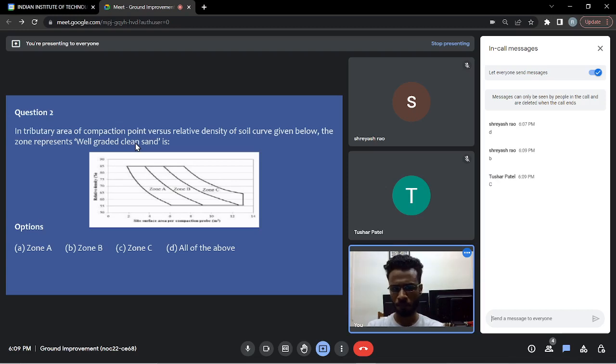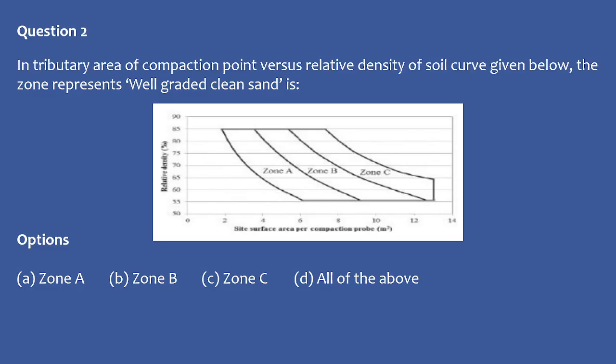Yeah, Tushar. So we have the zone C, which is representing the well graded clean sand. Zone A is the silty sand, which has 5 to 15% of silt.